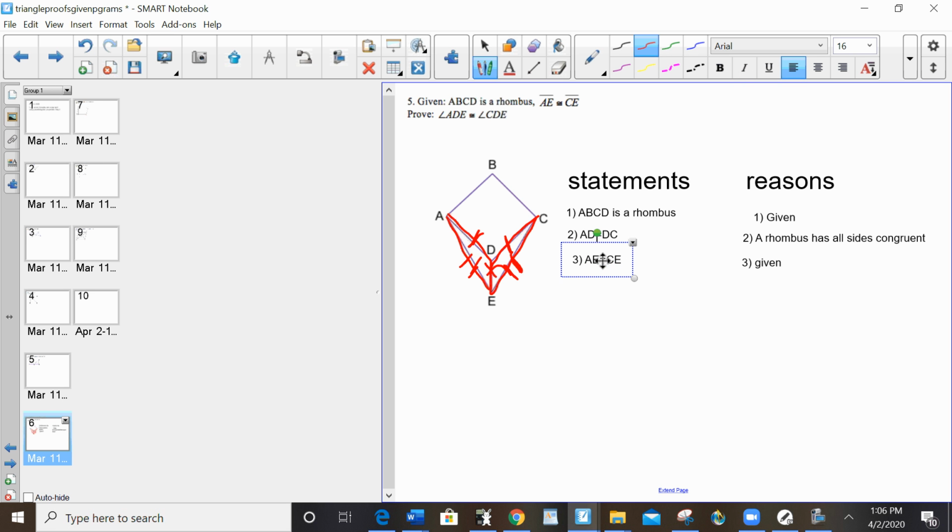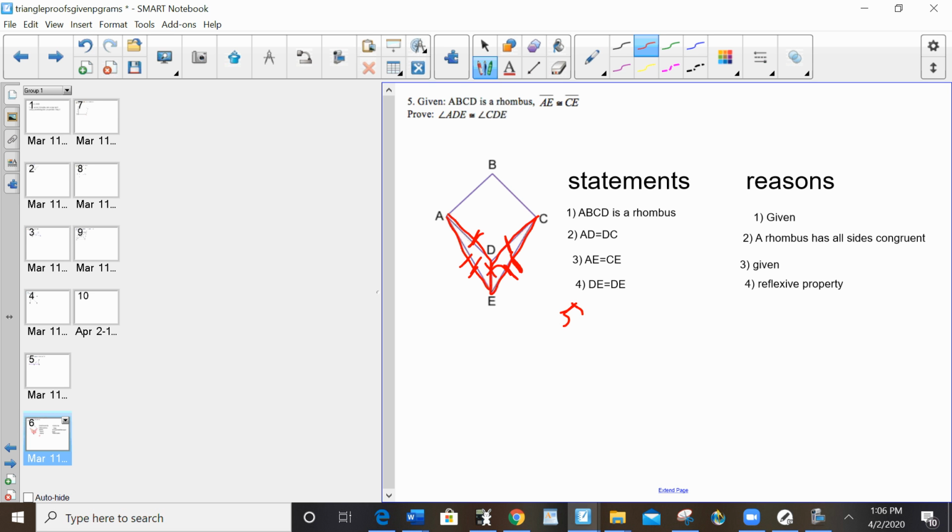So I can say DE is congruent to DE. That's reflexive property. And now I can state that the triangles are congruent.